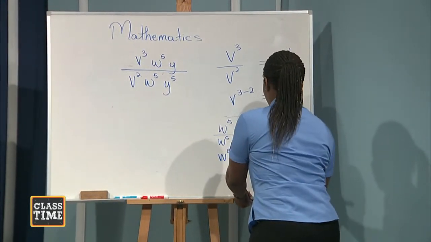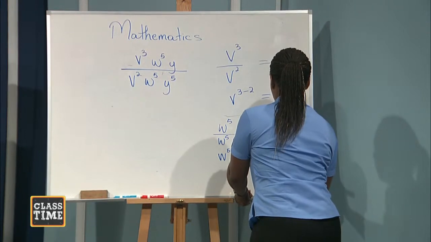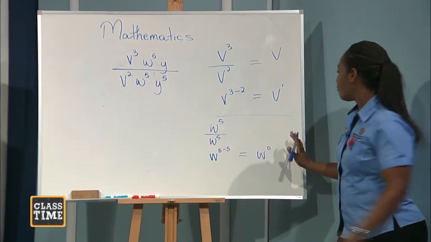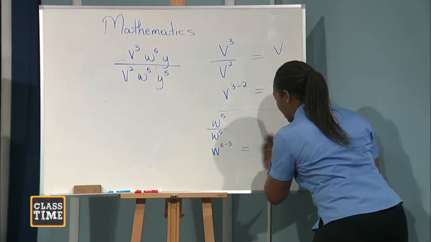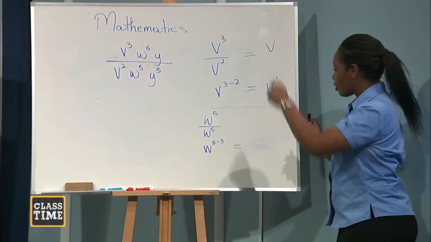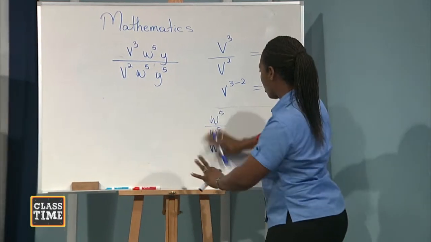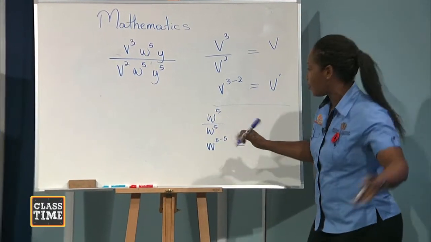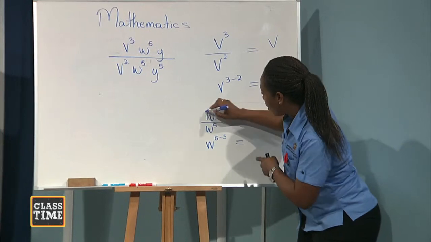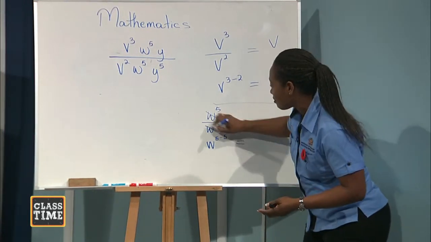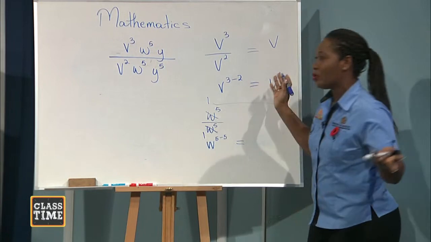And then I would end up with w to the 0 power. So we just don't have any W. If you're factorizing w to the 5th power, it pretty much factorizes out each other, leaving 1.